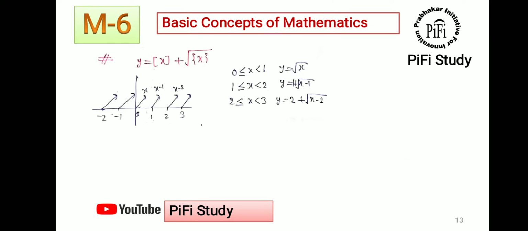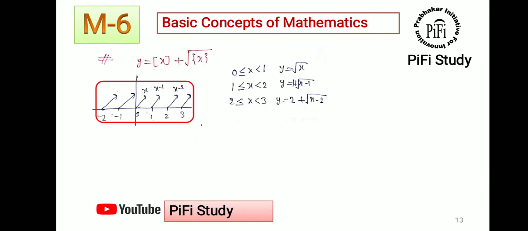So further, this is very important: when you have two kinds of functions and you have to add or subtract them, first try to find the nature of the whole function. Like in this case two functions are there, one is greatest integer and another is under root fractional x. So first draw the plot for fractional x, and check its nature in the intervals 0 to 1, 1 to 2, 2 to 3.